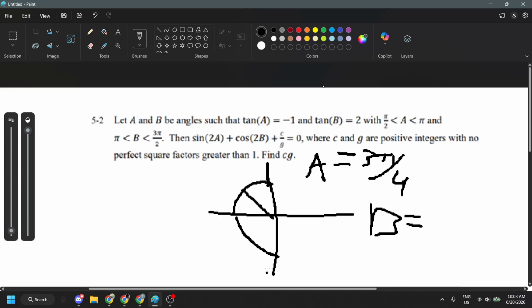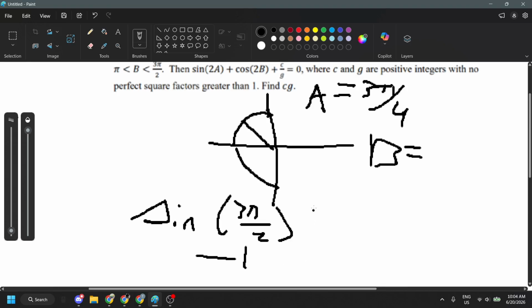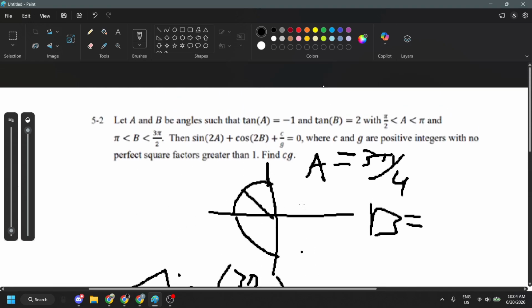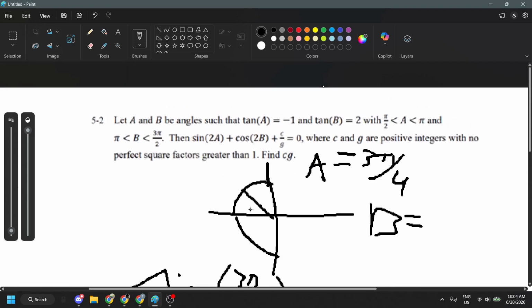Okay, let's plug in the rest. So sine of 3 pi over 2: 3 pi over 2 is here, sine is -1. Okay, so cosine of 2B.